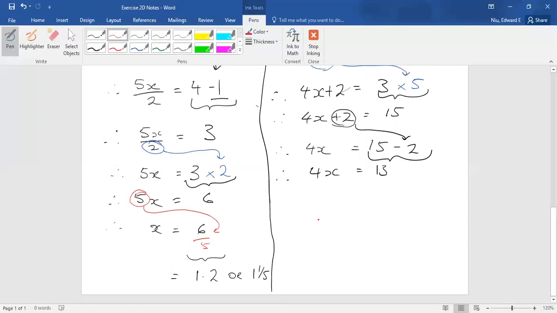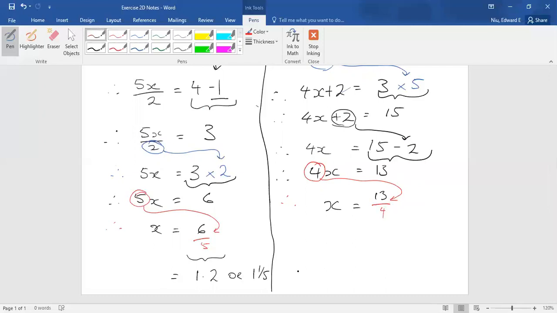Here, as we've seen on the left side, we've got our 4 times x. We have to get rid of the 4, and we do so by throwing it to the other side, and we put that as a division instead of a multiplication. So the opposite of multiplication is going to be division.